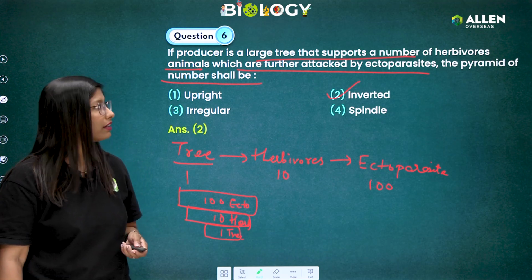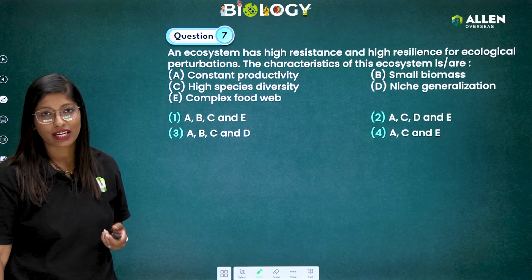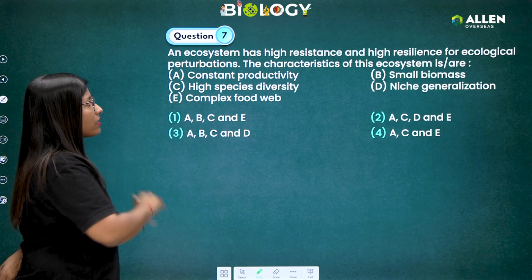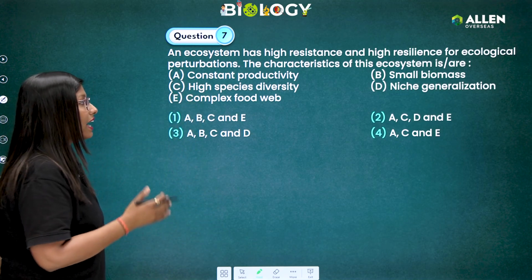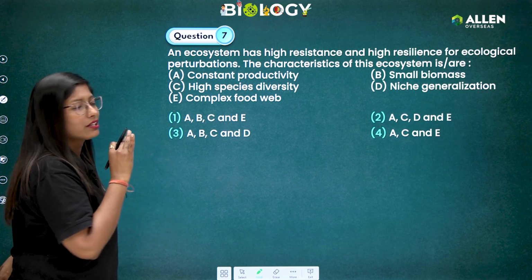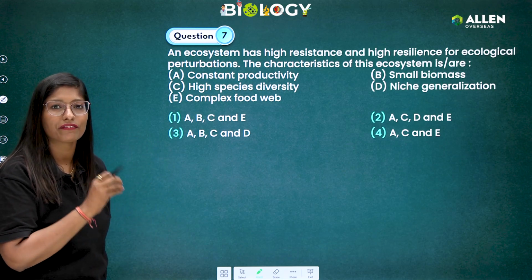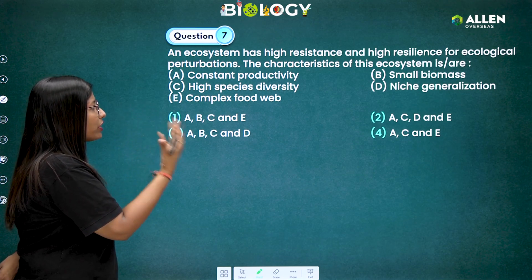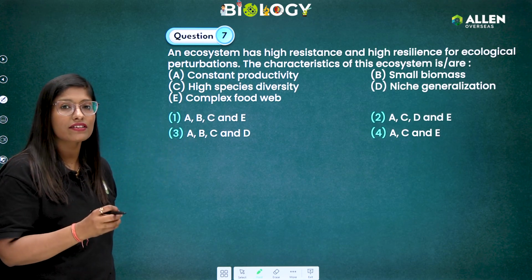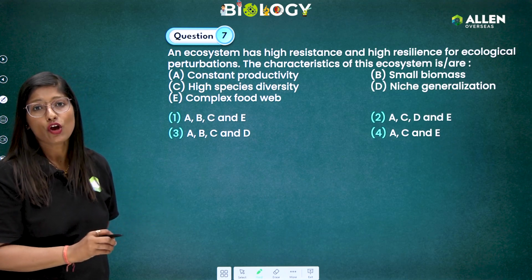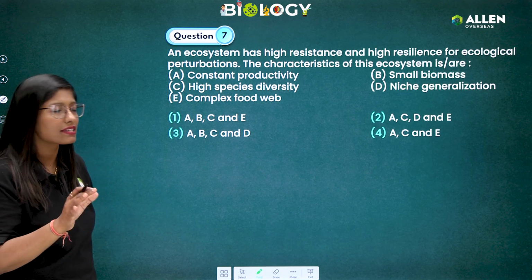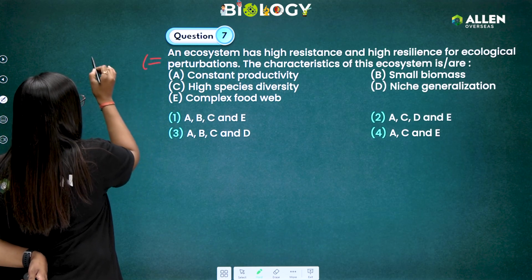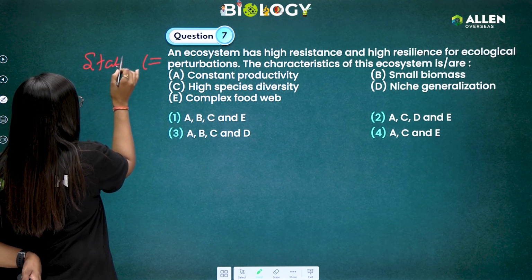Clear? Okay. Now moving to the next question, which is again from ecology. An ecosystem has high resistance and high resilience for ecological perturbations, right? This is a line which is directly given to us. Now here in this line, they are saying that an ecosystem which is highly resistant and highly resilient for ecological disturbances, such an ecosystem is said to be a stable ecosystem.